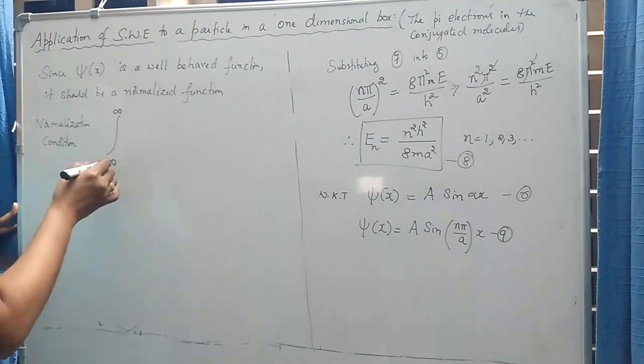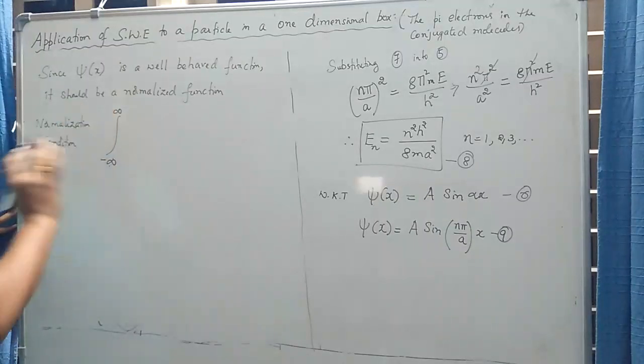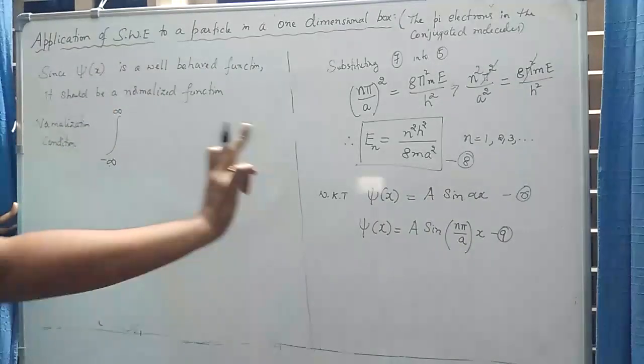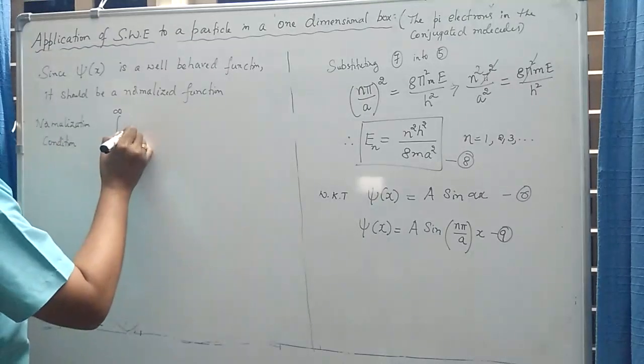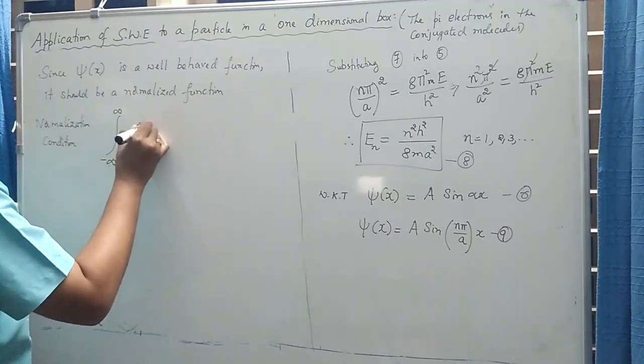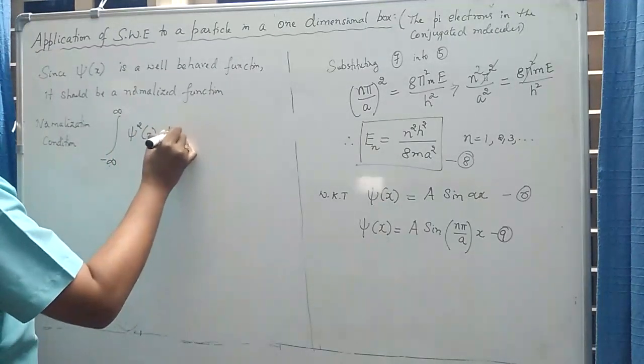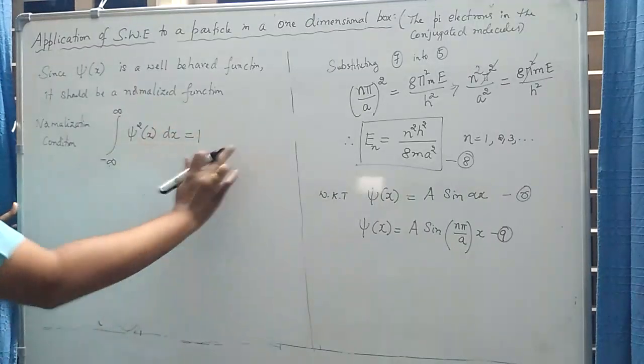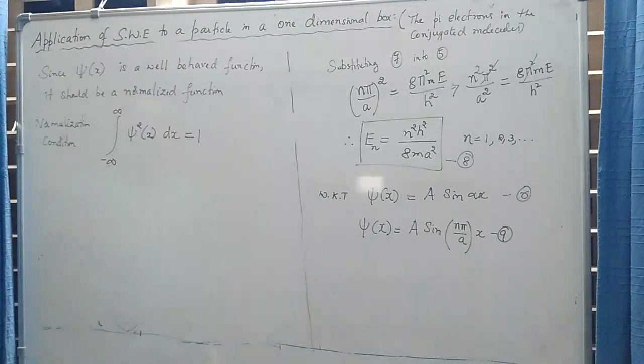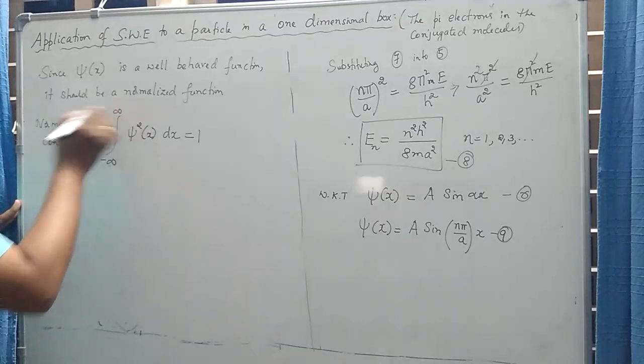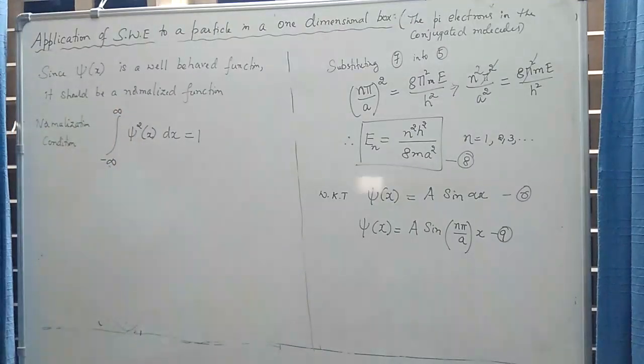So integration from minus infinity to plus infinity, that is the entire region along the x-axis, of psi square dx is equal to 1. The total probability should be equal to 1. But here the upper limit and lower limit we can modify, because we already know that.